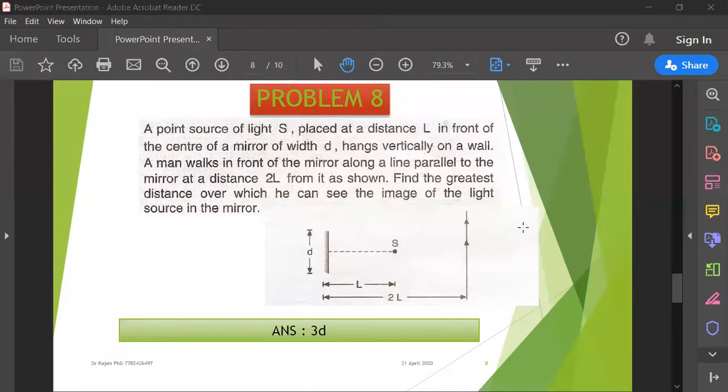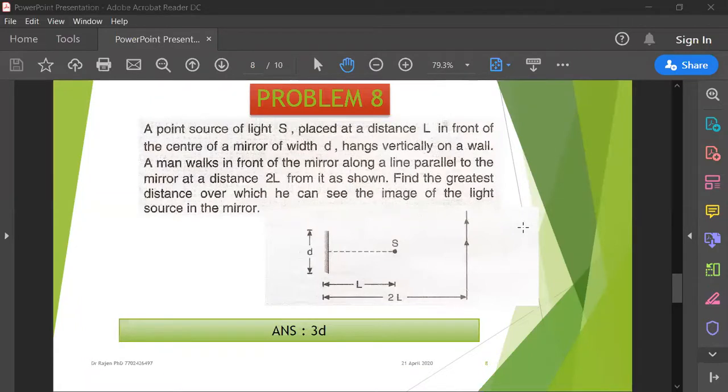A man walks in front of the mirror along a line that is parallel to the mirror at a distance 2L. Find the greatest distance over which he can see the image of the light source in the mirror. So this problem is based on field of view. Yes, many problems yesterday, concept over. Today, starting some problems. So now problem number 8.